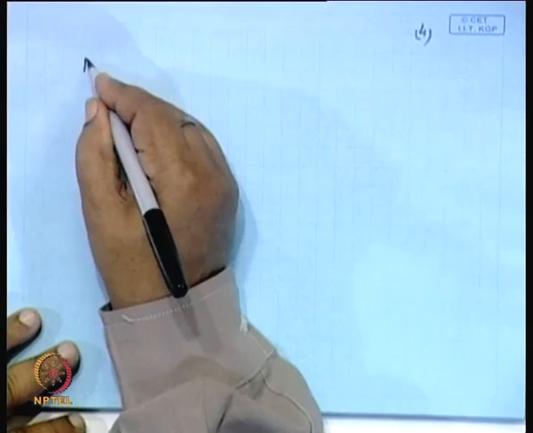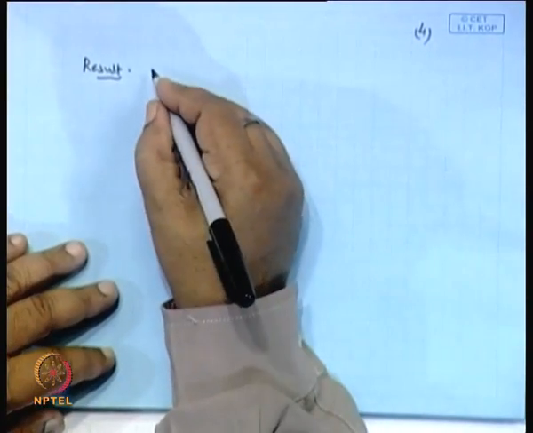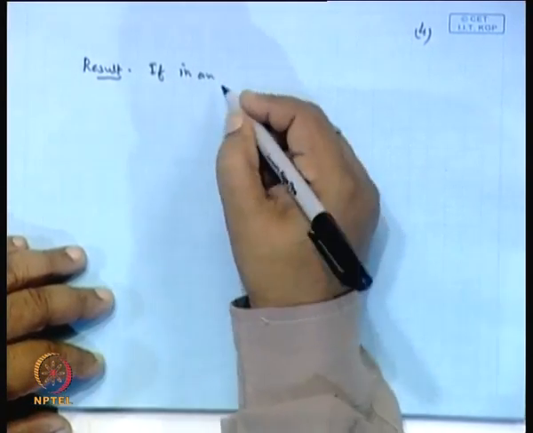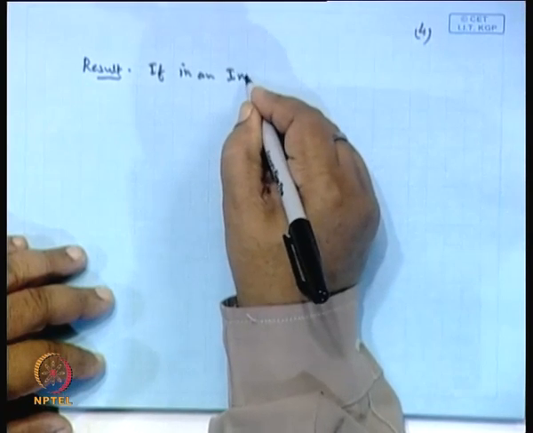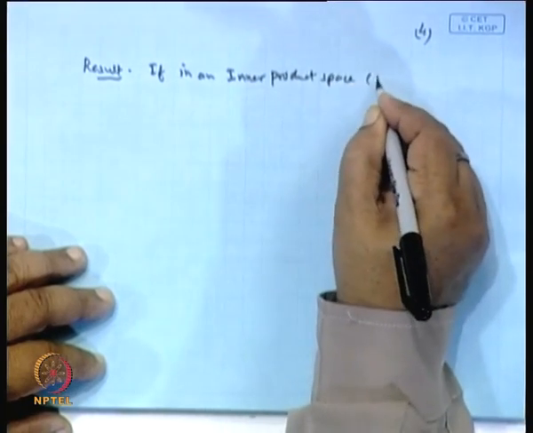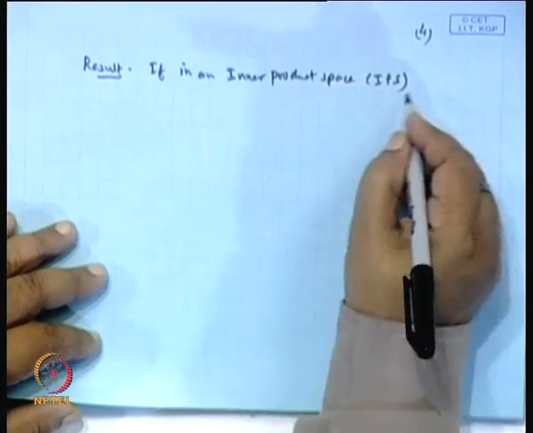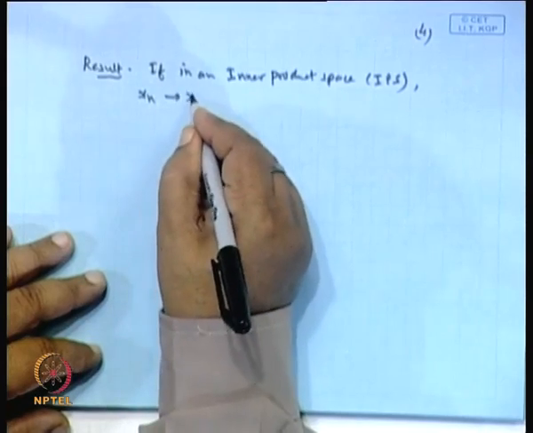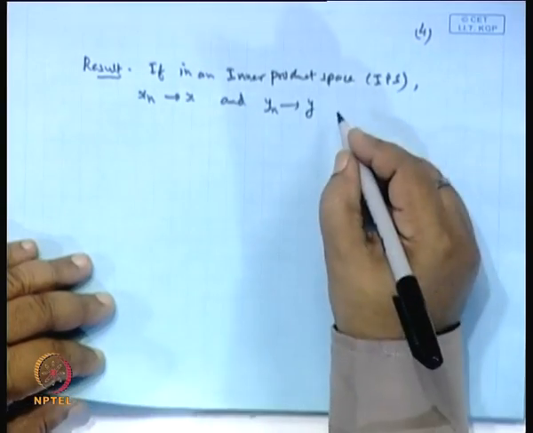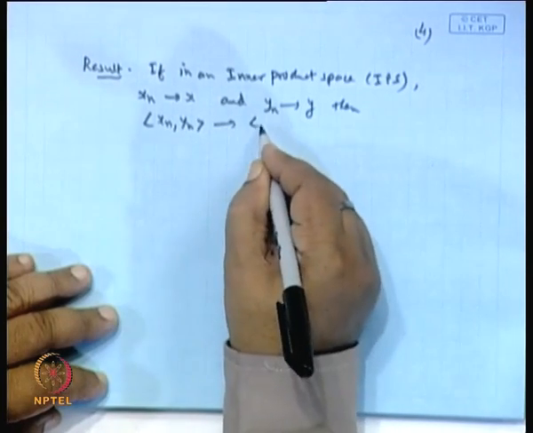The result is like this: in an inner product space, we write IPS for short, if the sequence x_n converges to x and y_n converges to y, then the inner product (x_n, y_n) will go to the inner product (x, y).